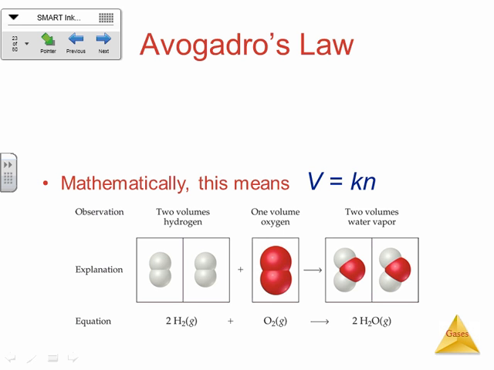When we're only working with gases and when everything else is constant, if the pressure and the temperature are both constant, then this tells us that if we have 2 volumes of hydrogen, in other words 2 liters of hydrogen, plus 1 liter of oxygen, that's going to give us 2 liters of water vapor. It only works if they're all gases, but you can look at the coefficients in the equation and they will tell you a volume ratio as well as a mole ratio. That's useful to remember every once in a while because there are certain problems where you get stuck unless you know that.